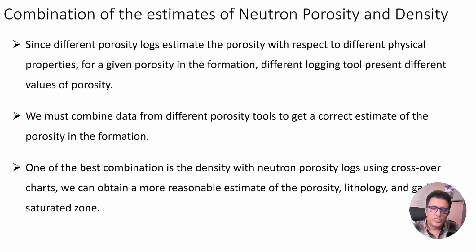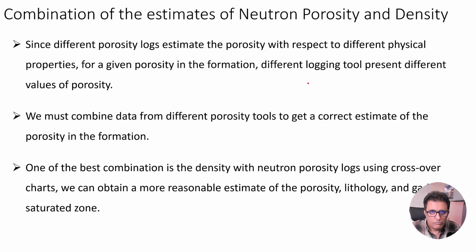One of the most interesting things that we can do in order to have better estimates of porosity is to combine the data from the neutron porosity and density log. If we combine these two logs, although we have a wrong assumption about lithology, not only can we obtain a more accurate estimate of the porosity, but we may also get some idea about lithology.